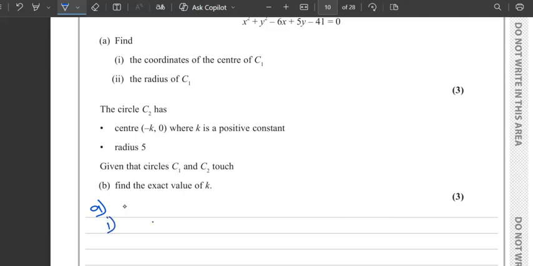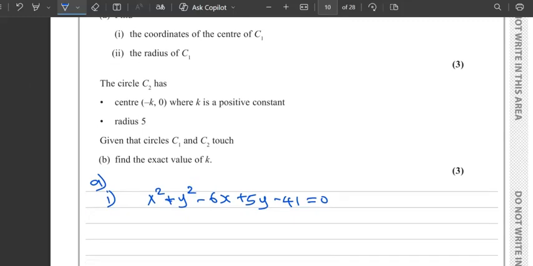The equation you are given is x squared plus y squared minus 6x plus 5y minus 41 equals 0. We can rearrange this equation so that we'll have x squared minus 6x plus y squared plus 5y minus 41 equals 0.